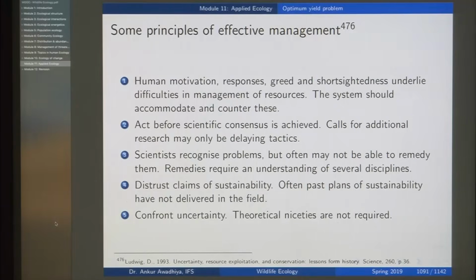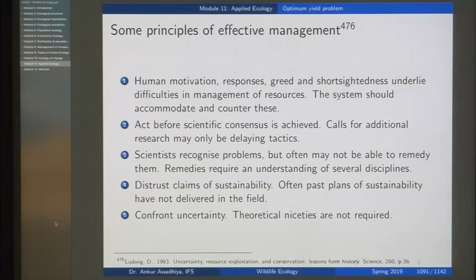So, for effective management, human motivation, responses, greed, short-sightedness, everything has to be accommodated into the system. You have to act before a scientific consensus is achieved. You have to act as soon as the scientists are able to recognize the problems. You cannot wait for them to give the remedies, because they will probably not give you the remedies, since giving a remedy requires a number of disciplines.